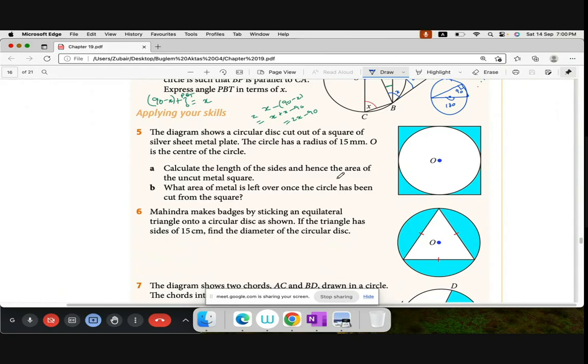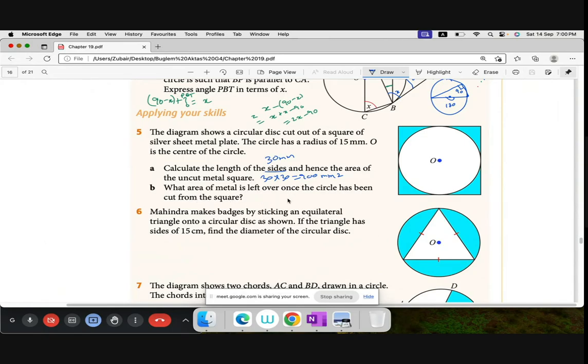One length of the square is 30 millimeters. And then the area would be 900, correct. 30 times 30 is 900 millimeters squared.